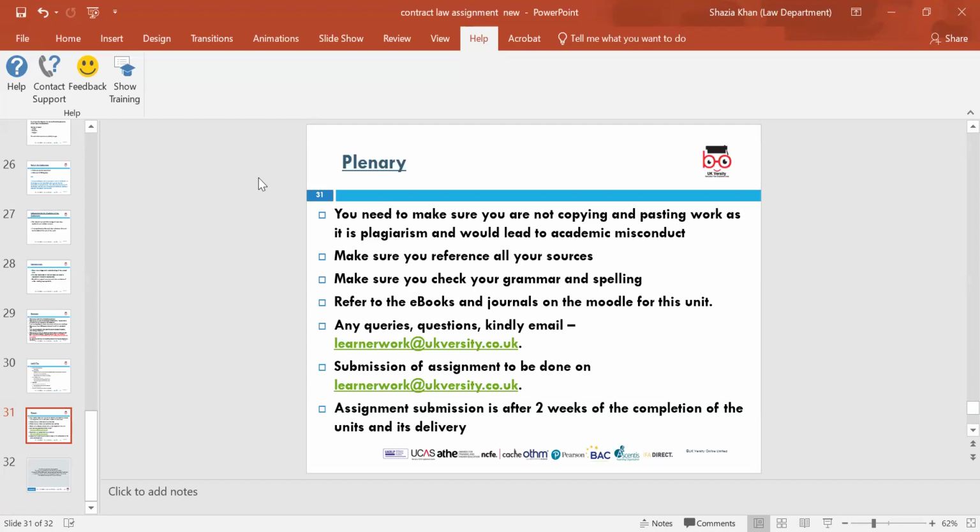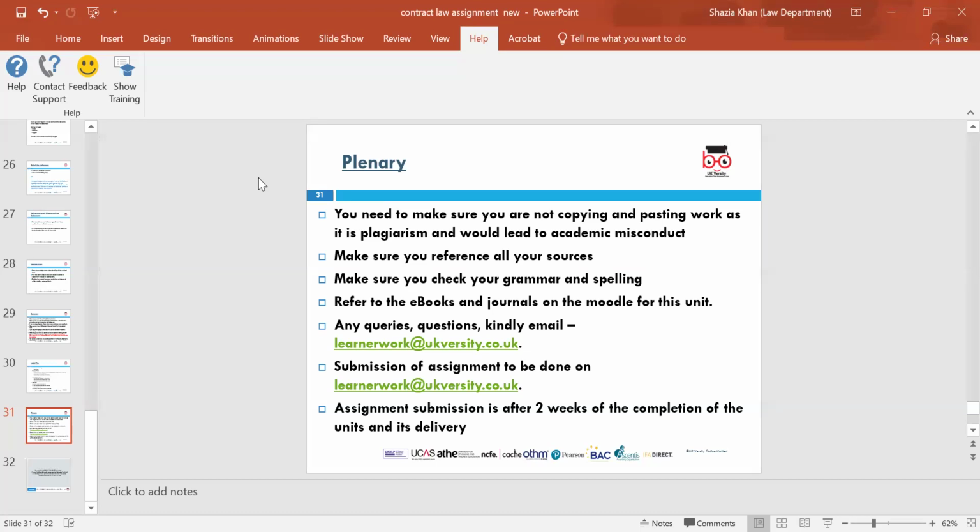Make sure your work is all referenced, and make sure you check your grammar and spelling, and avoid using American style words. For example, if you're writing about analysing, instead of the Z, you need to insert the S, because the computer is American style. So make sure you check your grammar and spelling, and also again avoid bullet points, and I will reiterate this.